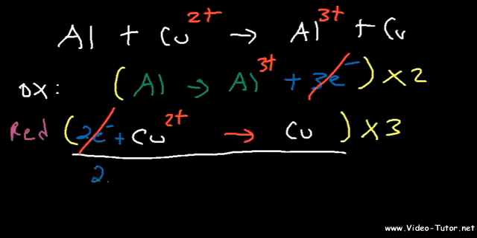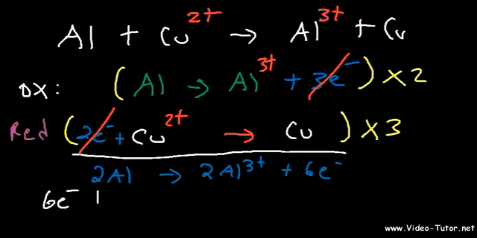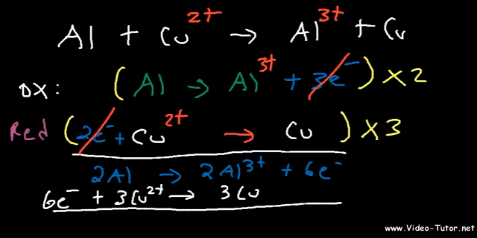So we have 2Al, 2Al3 plus, and 6 electrons. And here we have 6 electrons, 3Cu2 plus, 3Cu. And now we're going to add the two equations.